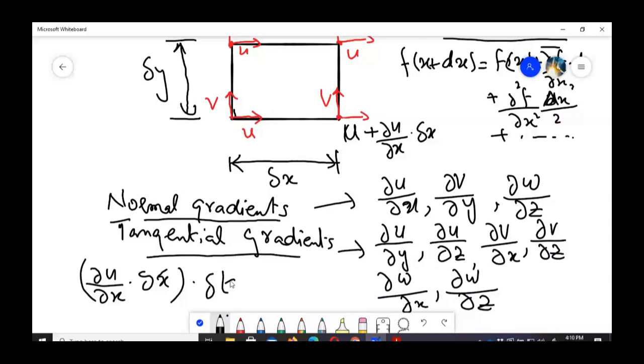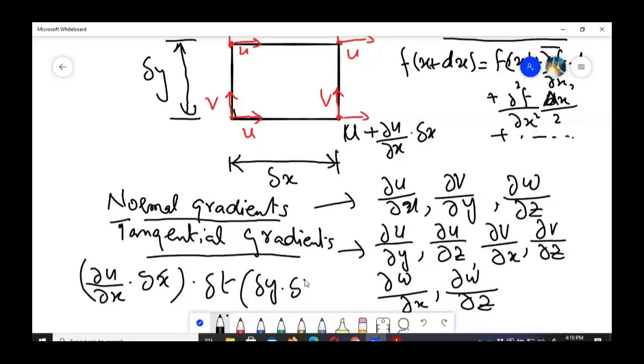If we want to see how much it has been deformed in terms of volume, we need to multiply it with the area. What is the surface area of this? If we see, this surface area would be delta y into delta z.